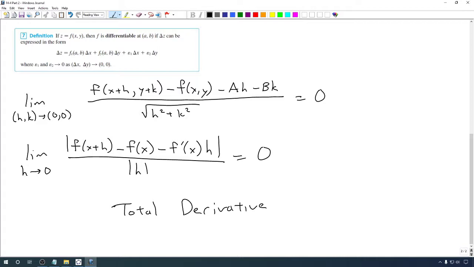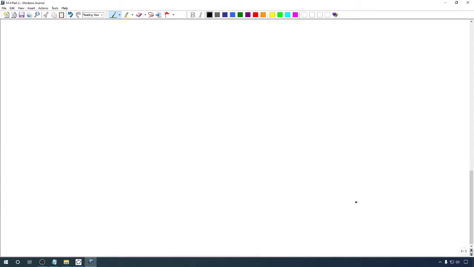But the point is that being differentiable at a point for a function of more than one variable is actually a fairly complicated question, just like limits at a point for a function of two variables are more complicated than they were for one variable. However, we're going to avoid most of this formality because all of these definitions do lead to a particular useful theorem that we can usually get away with using.